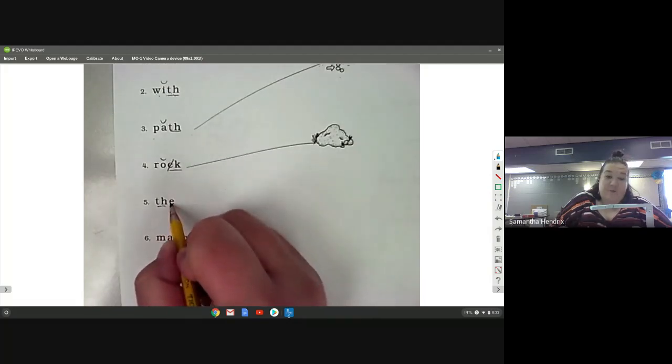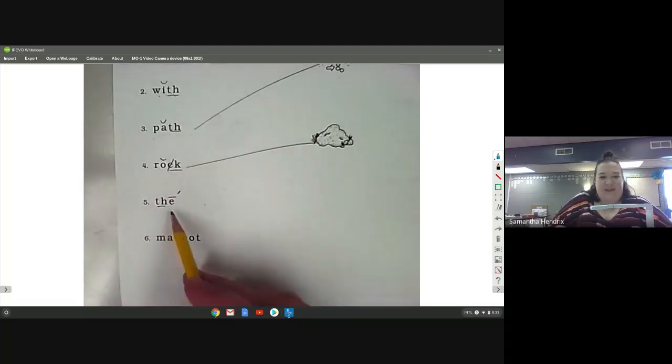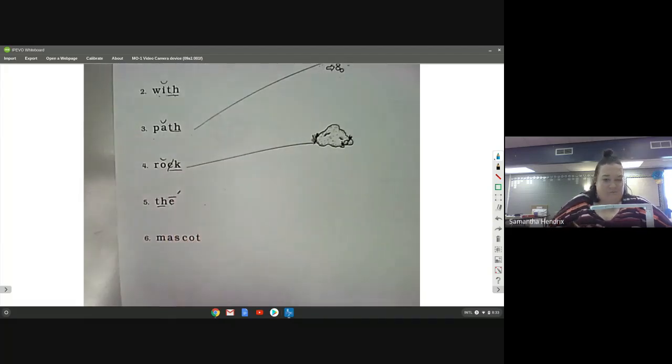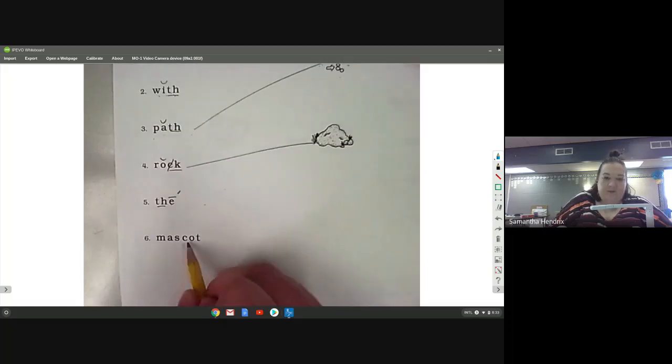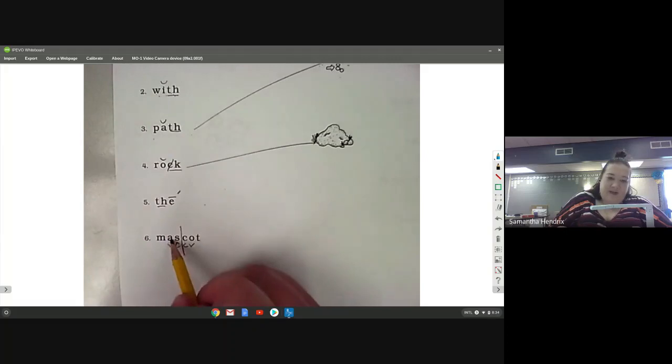This is open. The. Oh, this one's a long one, but I see two vowels. I see two consonants between them. So I'm going to split that word. This vowel is going to be short because it's followed by a consonant.